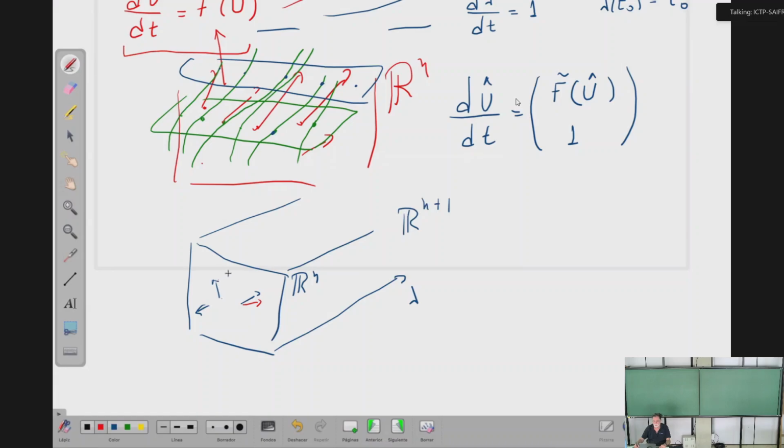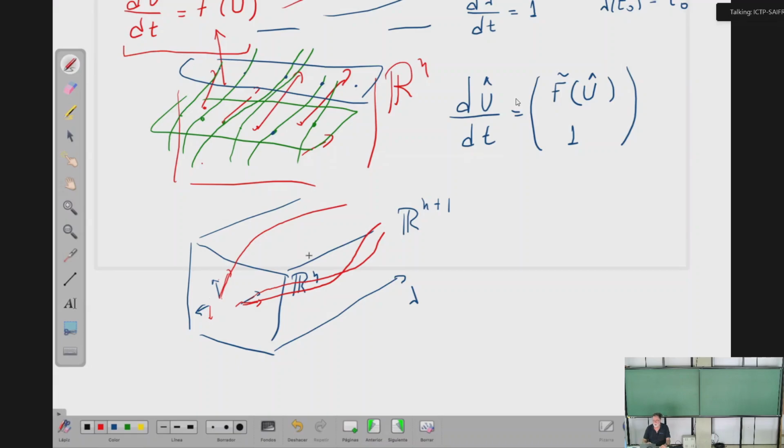Instead of this vector here, you have this vector that has a one component in this direction. So your solution moves up like this, but also moves in time. So we have the problem in n plus 1 dimensions, but it's the same.